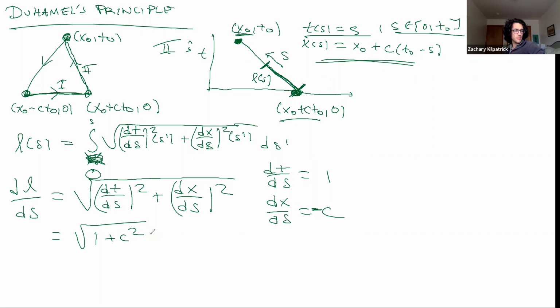You're asking me to be able to perform a line integral, but not have parameterized the line first? Yeah, suppose you're not able to parameterize it. Can you find dl over ds in that case without knowing dt over ds and dx over ds? I don't know about that.